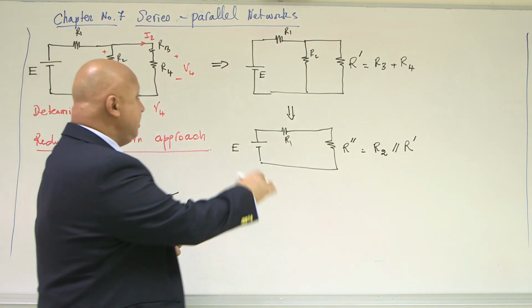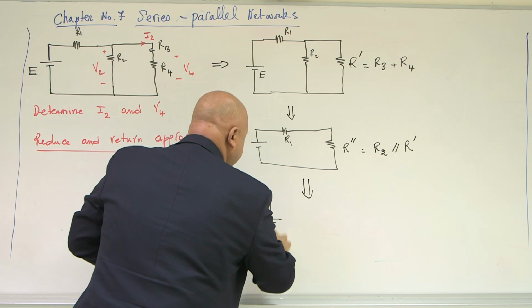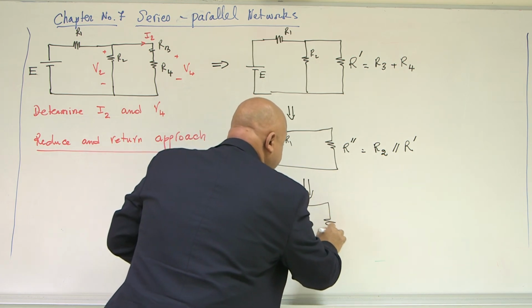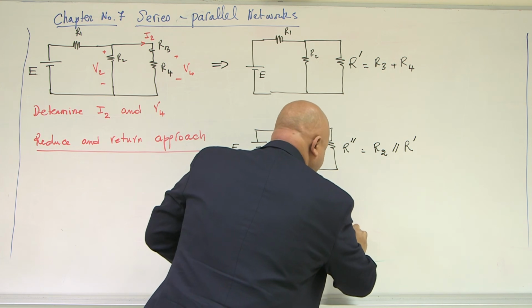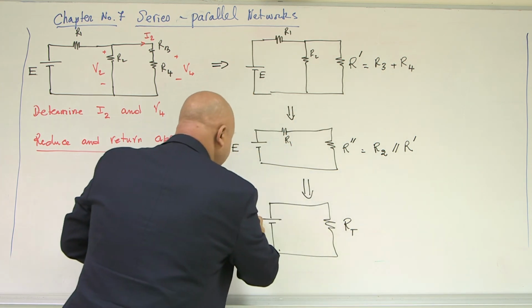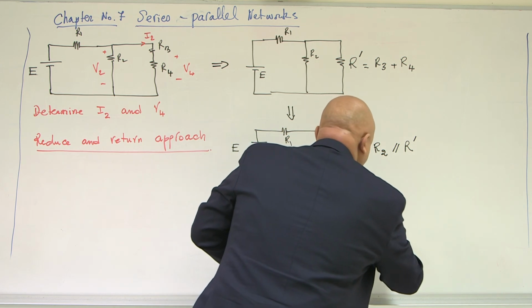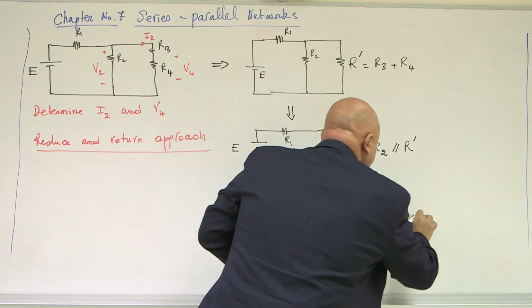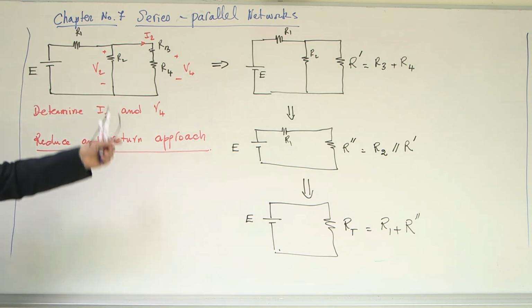Then we can simplify this circuit into a reduced form where we have E in parallel with R total, where R total equals R1 plus R dash dash. You got the point now?